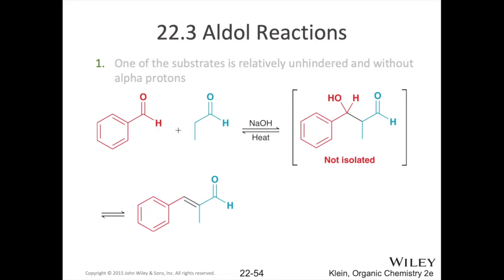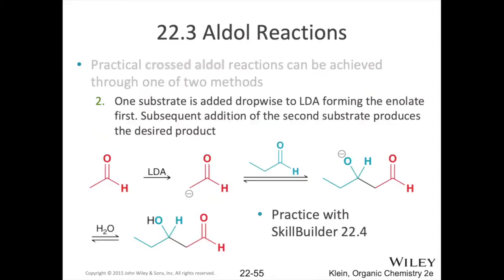Again, though, in terms of synthetic utility, you have to hope that these are the types of electrophiles I want, right? What if you have a molecule you want to be the electrophile, but it does have alpha carbons, right? How do we do that reaction? And the answer is to do it in steps.